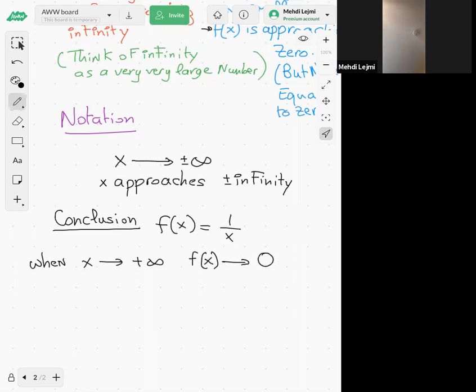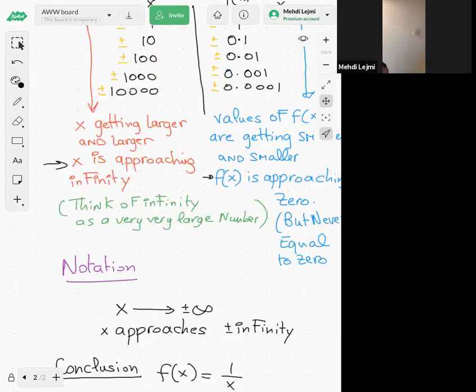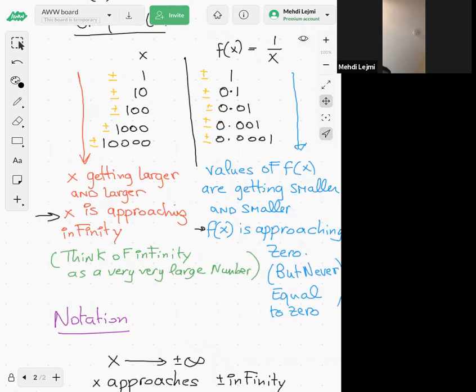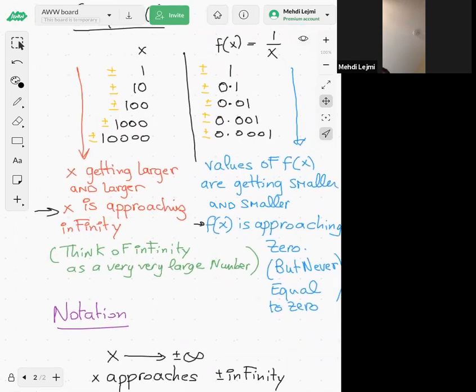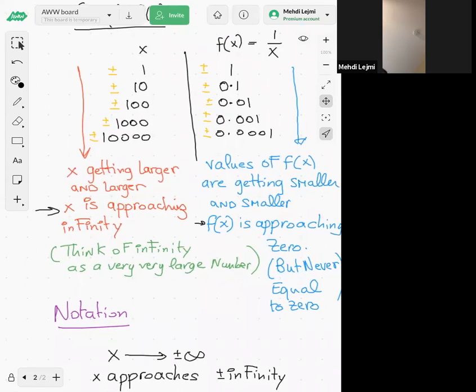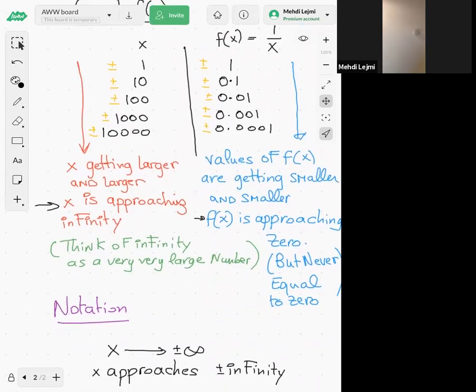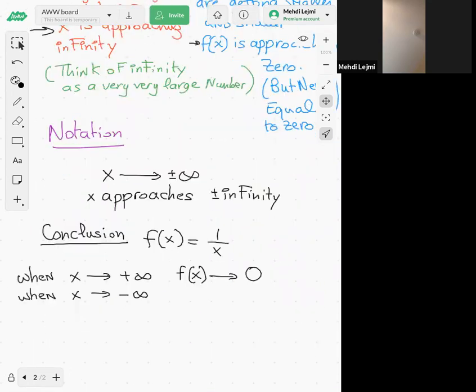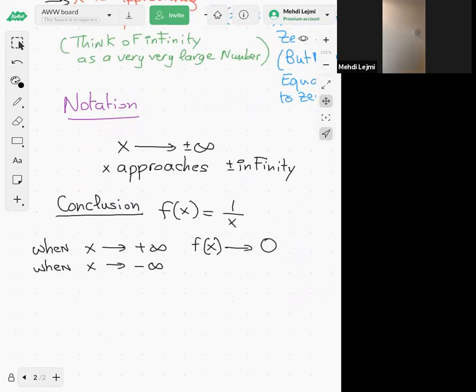And the same thing when x approaches negative infinity. If x is negative 10, negative 100, negative 1000, the values of f of x are going to be like negative 0.01, negative 0.001, so they're getting close to 0. So when x approaches negative infinity, the values of f of x are as close as you want to 0.